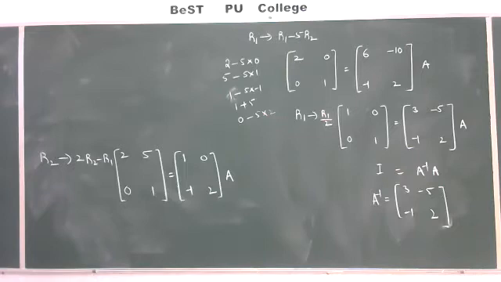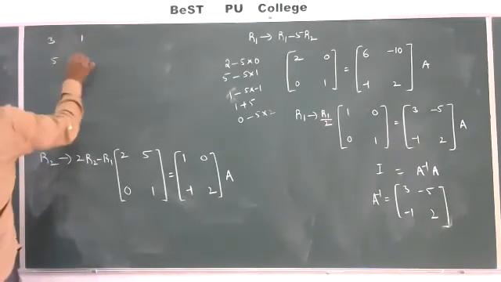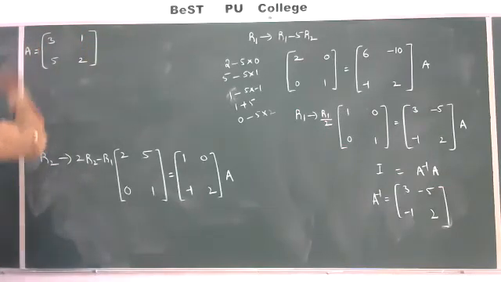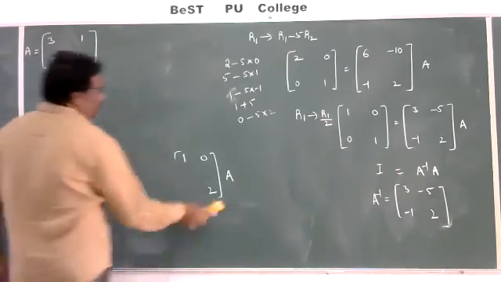Yes, seventh problem. 3, 1, 5, 2. This is the given matrix A. Yes, let us do that.